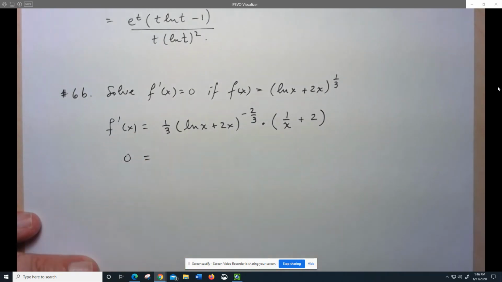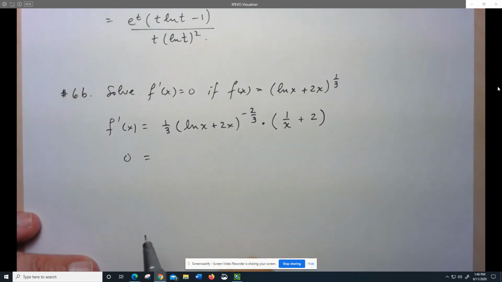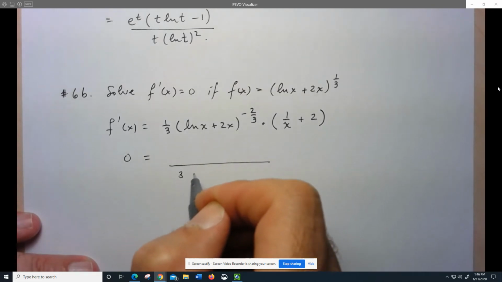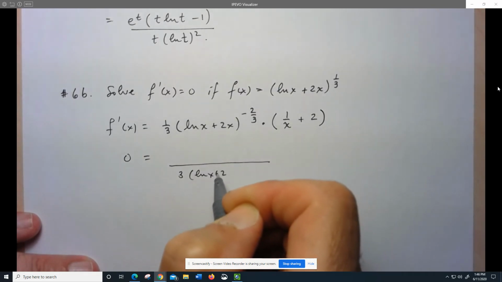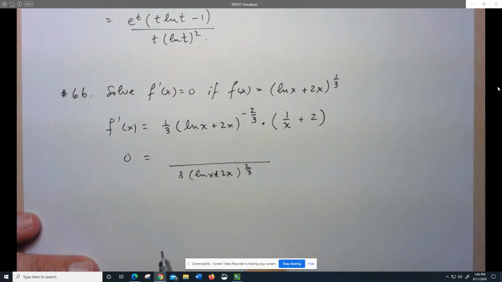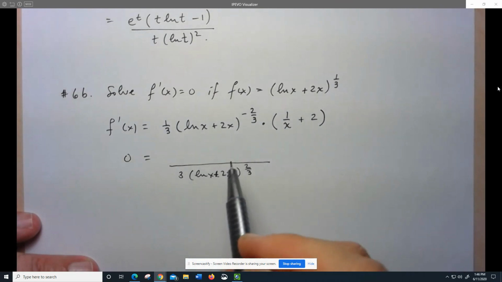I want this to be equal to 0. So this whole component with the negative exponent is going to go into the denominator. I've got the 3 in the denominator, so I have 3 times (ln x plus 2x) to the 2/3. Now let me simplify this top part.